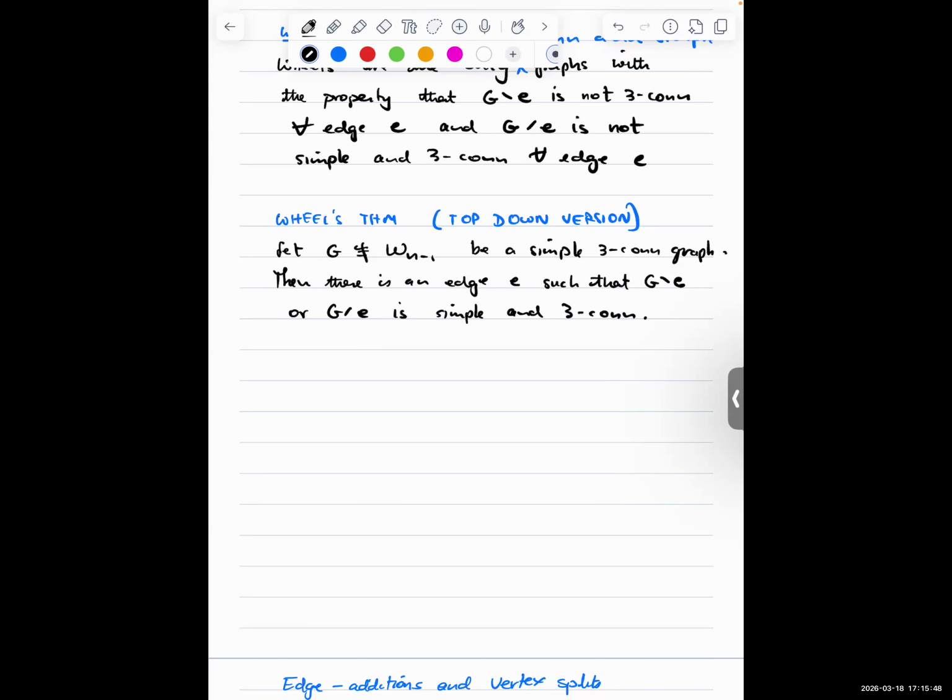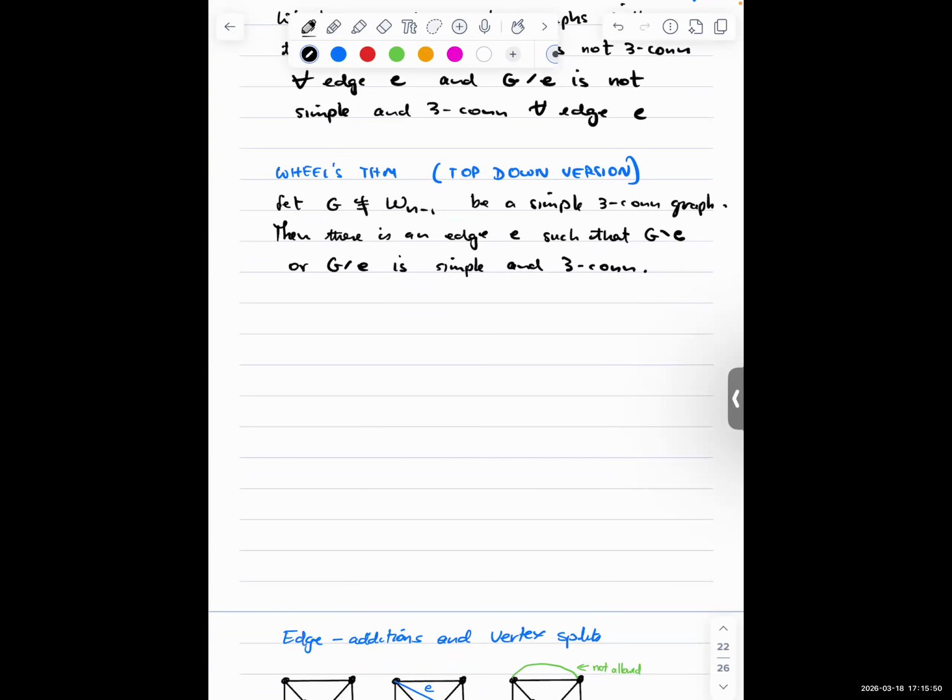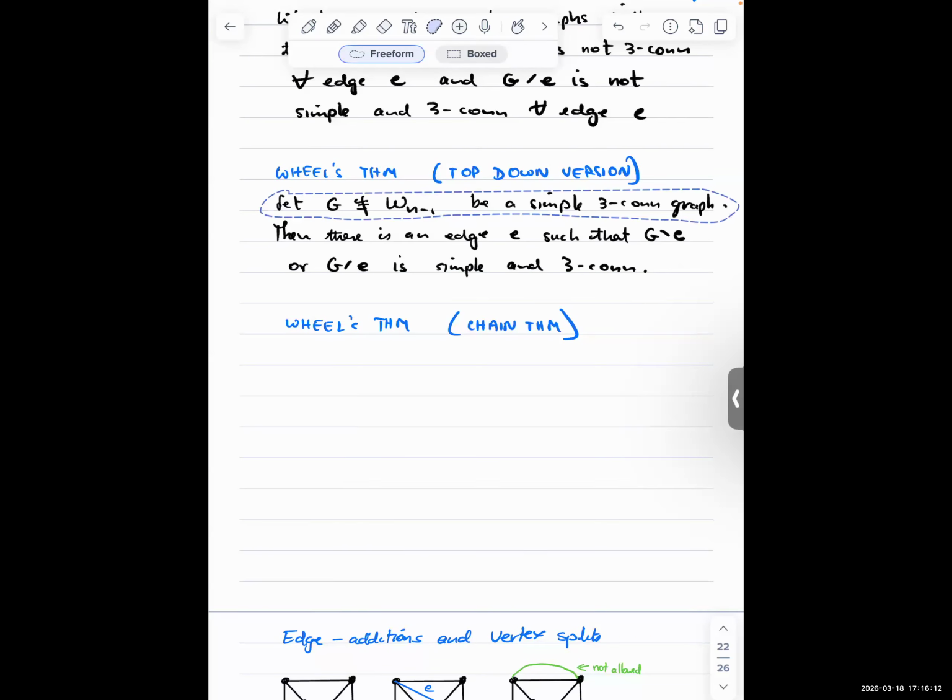Now, I'm going to present it again as what we call a chain theorem. Once again, the same thing. Let G be a simple 3-connected graph.